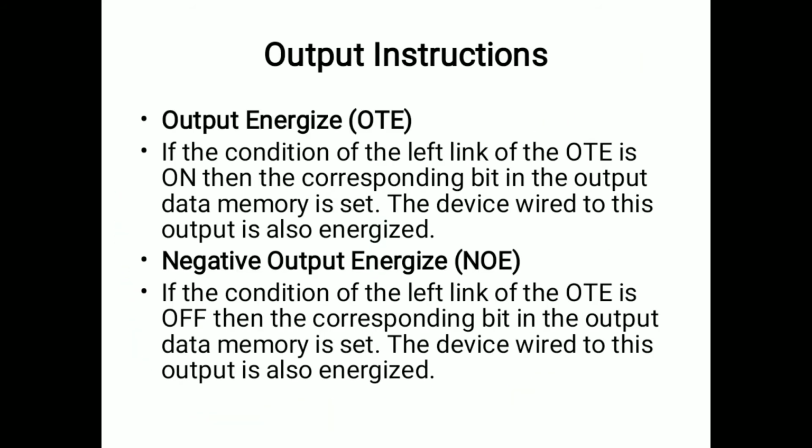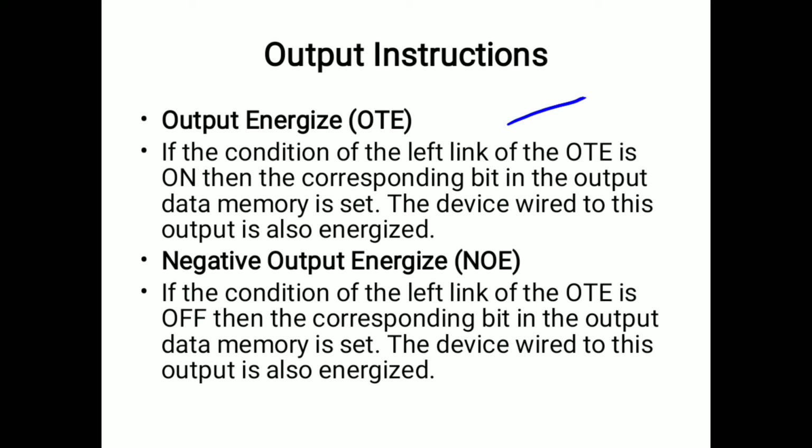Similarly, we have basic output instructions. One is Output Energize, and the second is Negative Output Energize. Both instructions work opposite to each other. In Output Energize, if the condition of the left link of the output energize is on, then the corresponding output data bit memory is set.